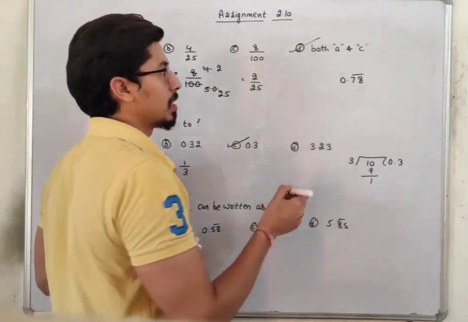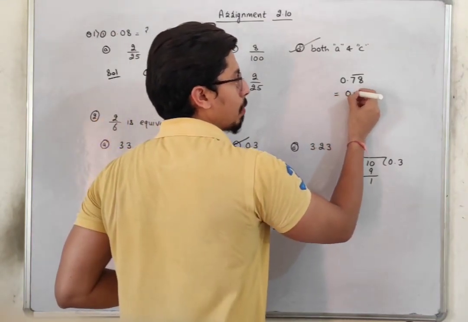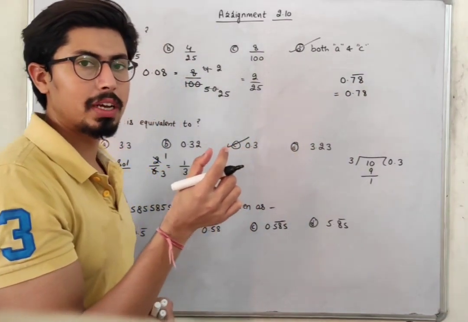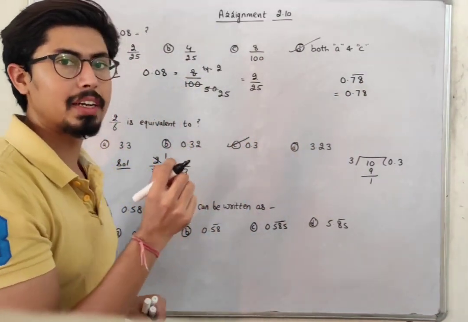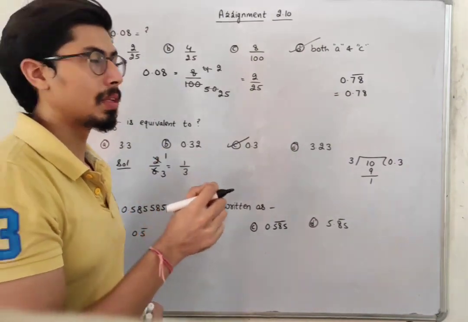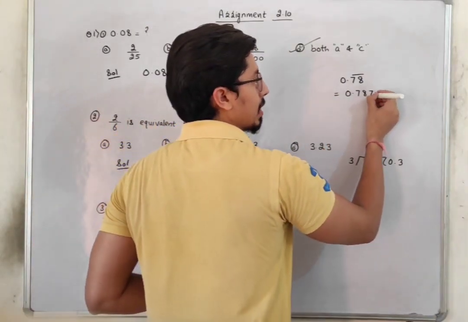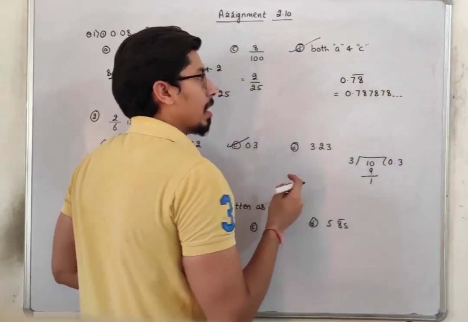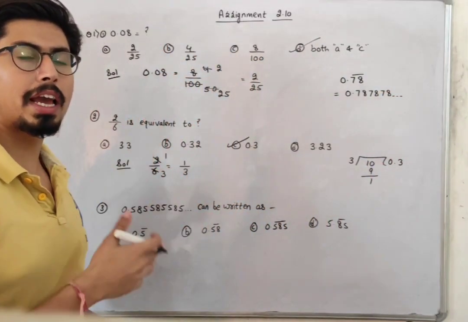It can be written as 0.78 bar, as the bar contains 78 now, students. So 78 will get repeated: 78, 78, 78 and so on. Okay. As it can be written any number of times.